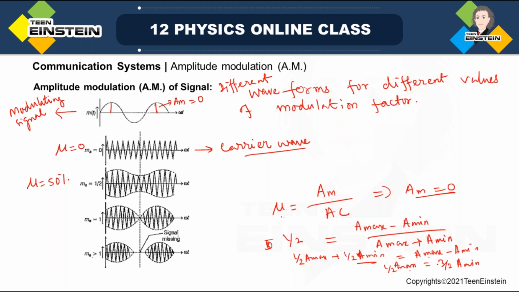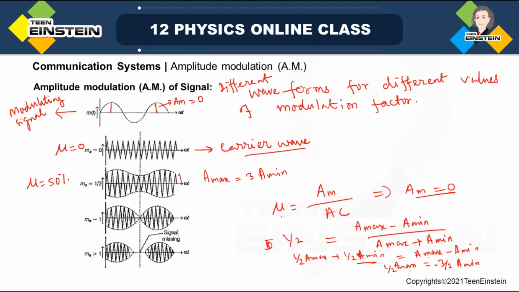So if this is maximum, the minimum is minus obviously in this sinusoidal variation. So if mu is 50%, you get A max as 3 times A min. Minimum is actually this particular part.